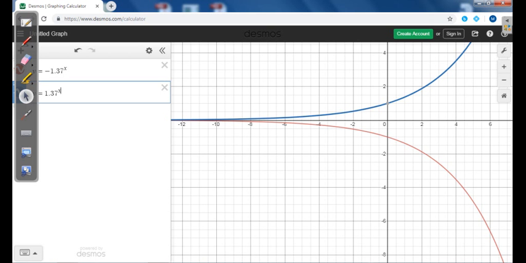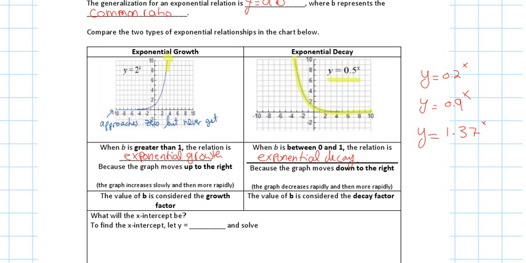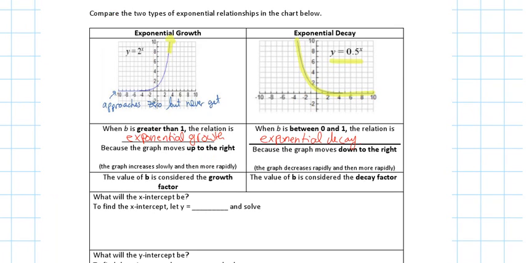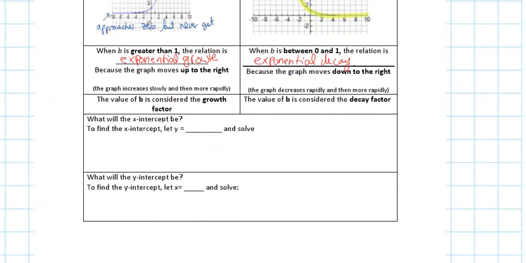Let me erase this so people looking at this don't wonder where these values came from. That value of b, whether it's 2 or 0.5 or point whatever, if it's greater than 1, we call it the growth factor.